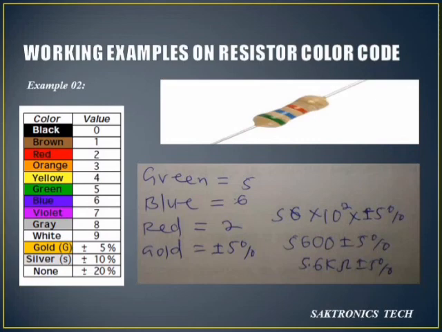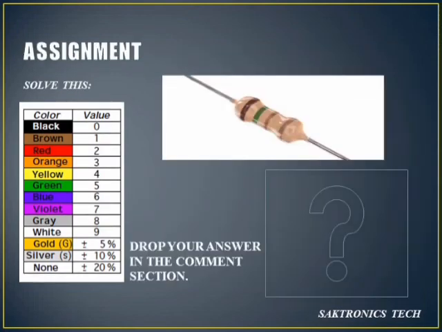So as I said earlier, we are going to have an assignment, and this assignment goes like this. What we are going to do is find the value of this resistor. As you can see, the resistor has 4 bands, and it has a set of colors. You are going to find the value of this resistor and drop your answer in the comment section, and I will try as much as possible to reply to each and every one of your answers.